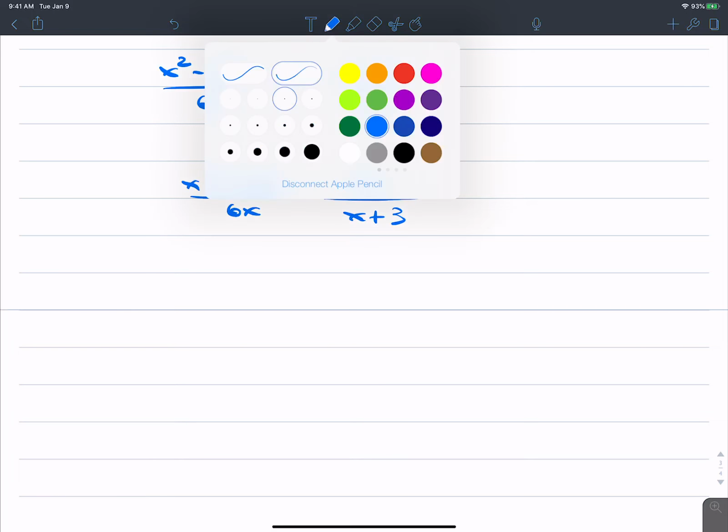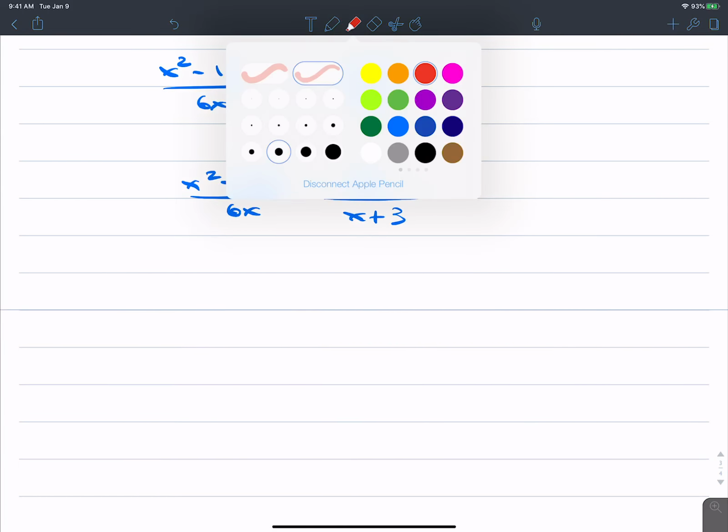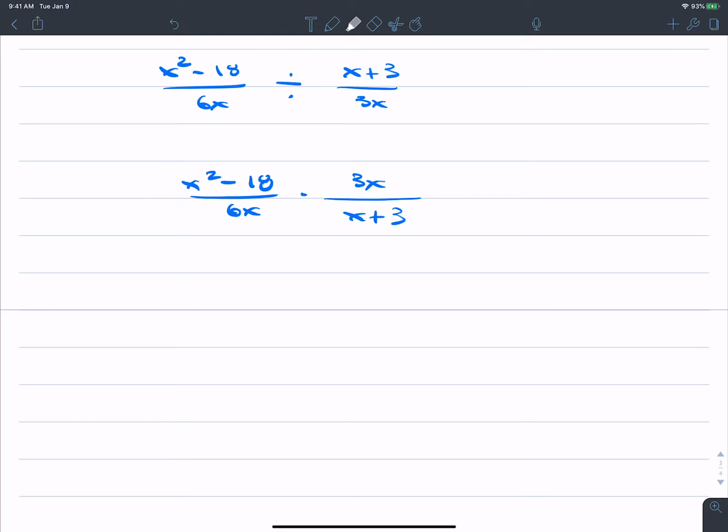Okay, and how we multiply again here is horizontally across. You end up with x squared minus 18 times 3x over 6x times x plus 3.